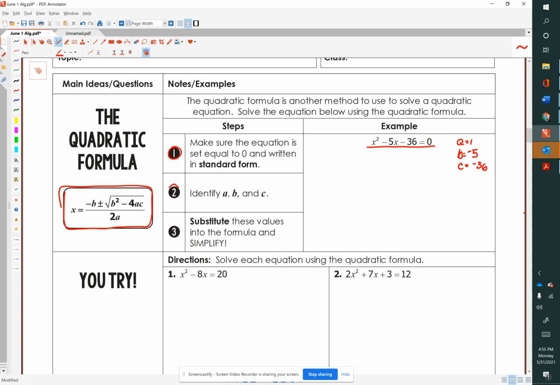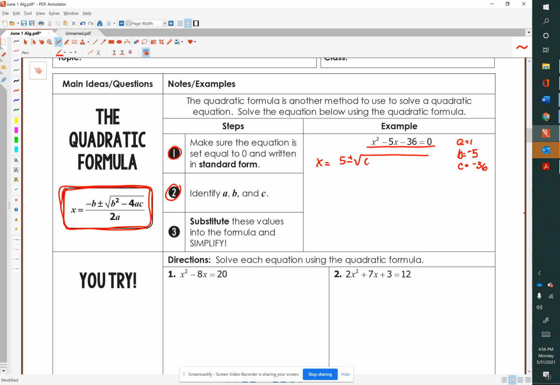Then you're going to substitute those values into the formula, and the tricky part will be to be very careful when you simplify. Let's start with the first example. We have identified our a, b, and c values, and we already had it in standard form. So x equals 5 plus or minus the square root of, and you need to make a nice long radical.